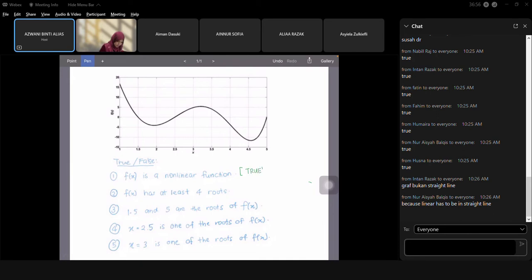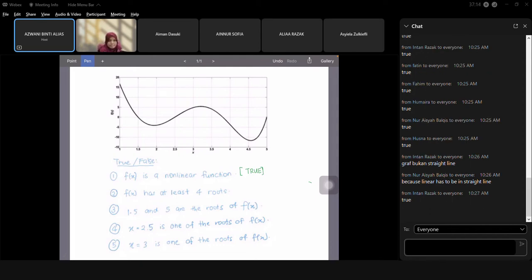Okay, how about the second statement? f(x) has at least 4 roots. 4 roots means, in the notes earlier we said finding the solution is also known as finding the roots. f(x) has at least 4 roots, is it correct? Correct, okay.